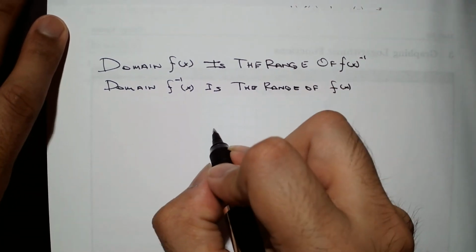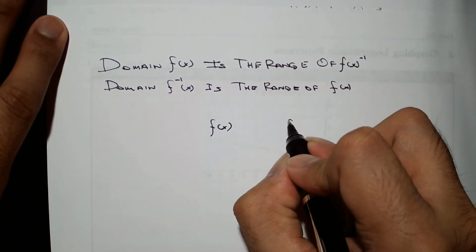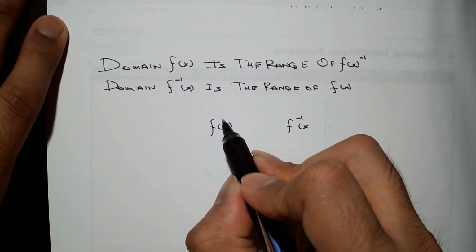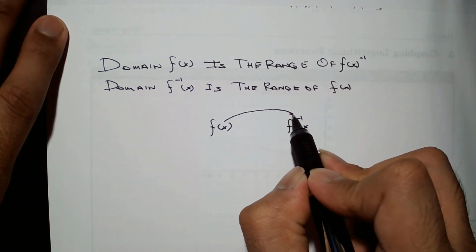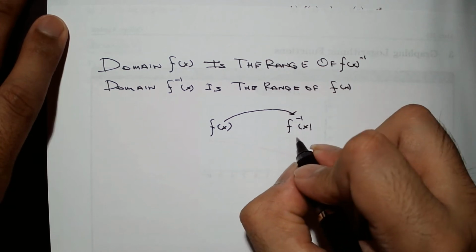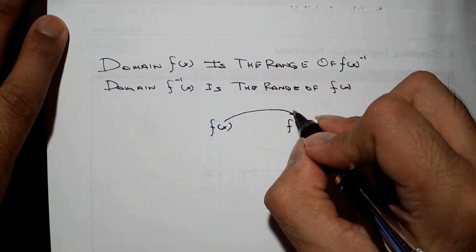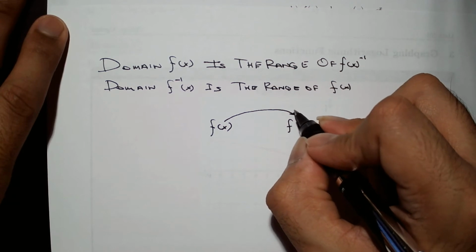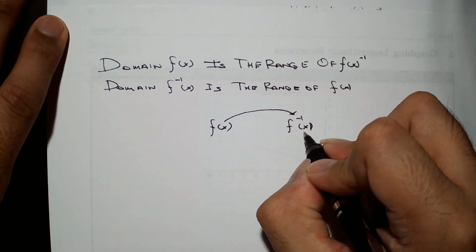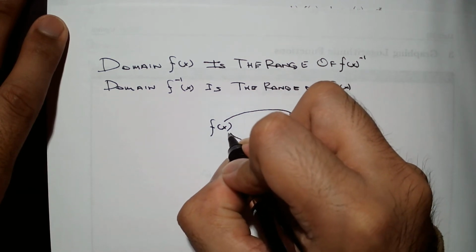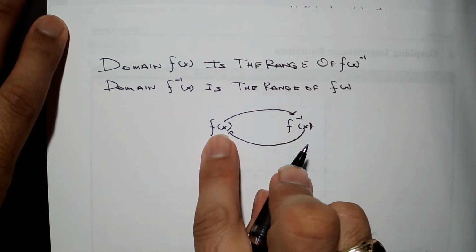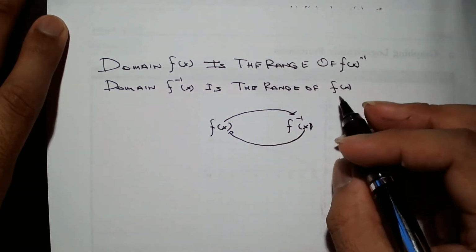So for example, if I have f of x and f inverse of x, if I input whatever value x, that's the domain, it's going to have a range. But that range is going to be the inverse function's domain. And if I input that range that came from the original function, its output will again be the same input as the original function.